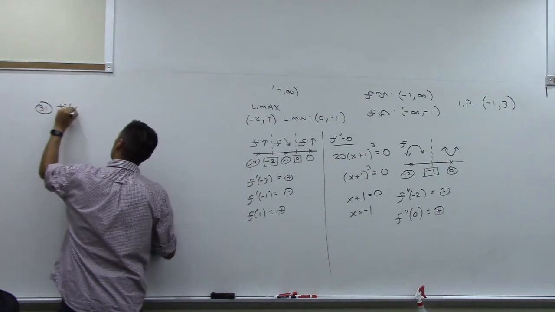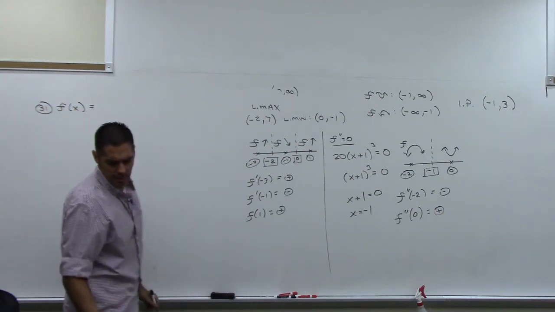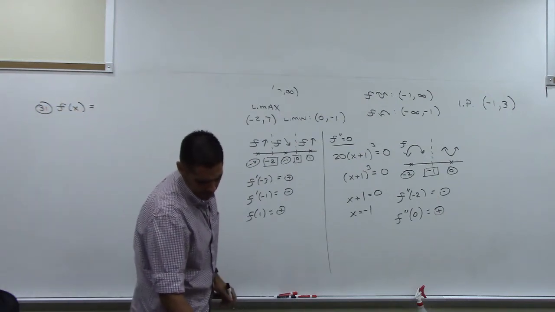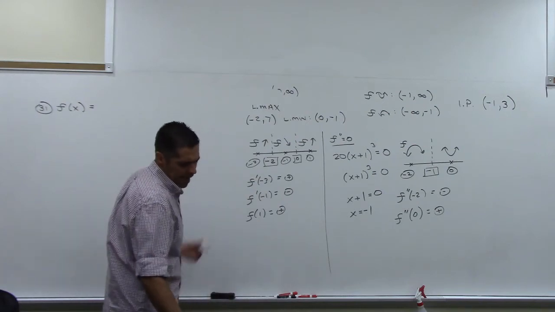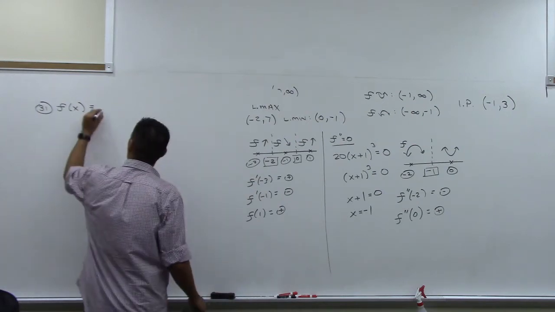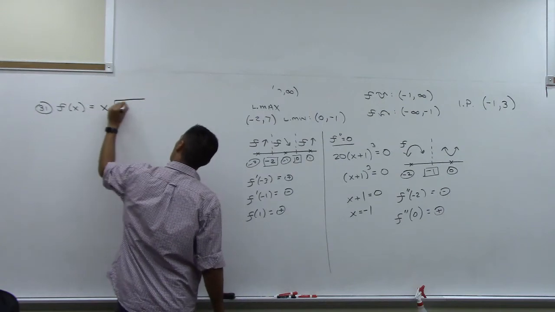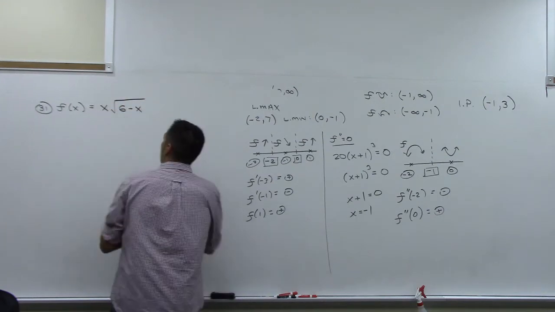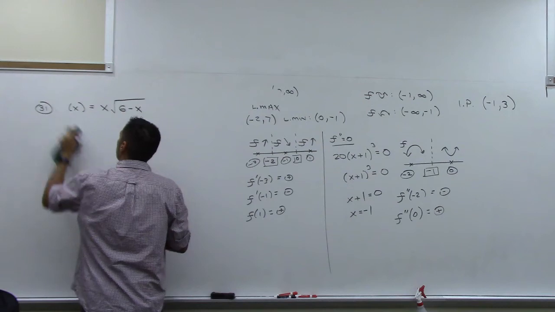F of x equals, they use capital F, I'm just going to use little f, x root 6 minus x. Okay, I'll use capital F. Fine.